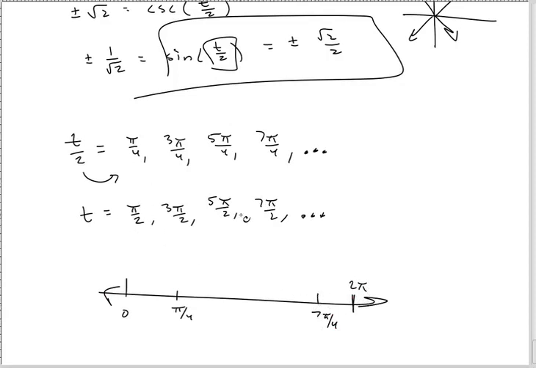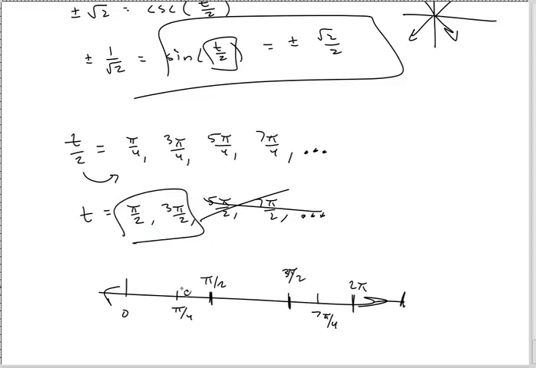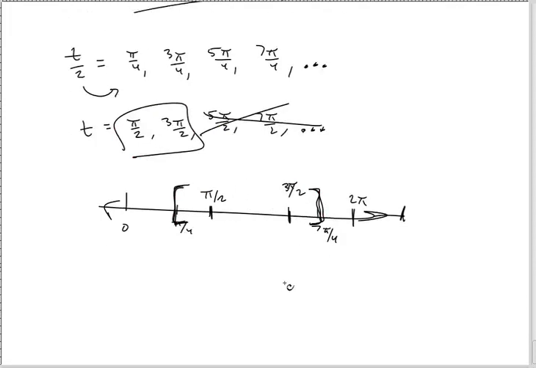So these guys are way outside of 1 revolution. 5 pi over 4 is way over here, so we don't even need these. Pi over 2 is somewhere right here, and 3 pi over 2 is somewhere around right here. So these guys meet the criteria of being within our interval.